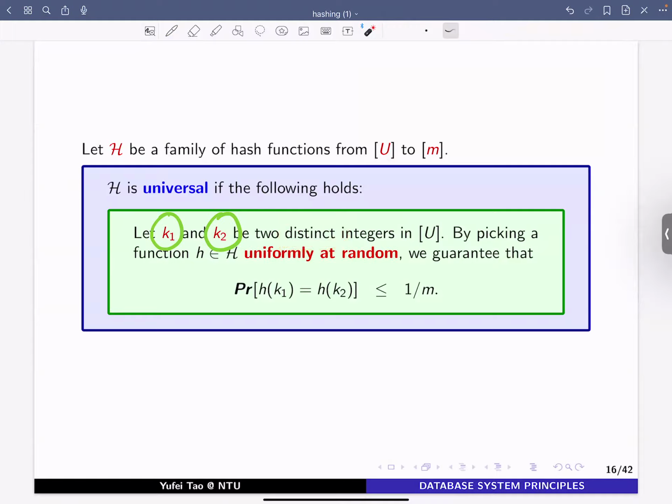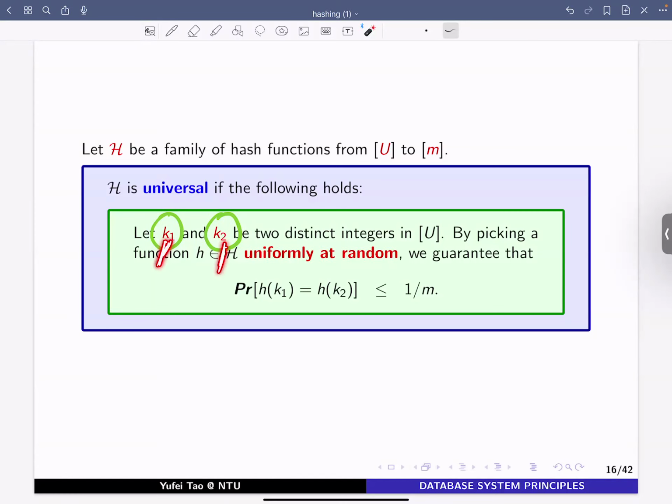So intuitively, you ask yourself, do you prefer K1 and K2 to appear in the same bucket, or in different buckets? I don't know about you, but for me, the answer is obviously they should appear in different buckets. That would be a good situation for me. Why? Because imagine one is the query and one is an element.